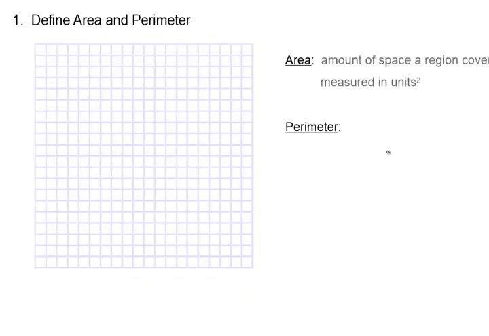So first of all, we're going to define area, and area is simply the amount of space a region covers, and it's measured in square units, and the perimeter is the distance around a figure. Okay, so here's a couple different problems that we want to do. Let's say that I have a figure that looks like this.